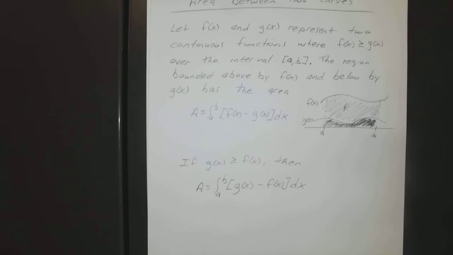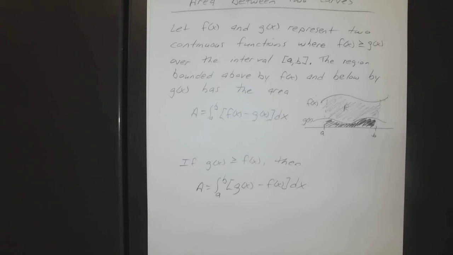So just because they give you f of x is this and g of x is that, it doesn't mean that f of x is always going to be the first one. It all depends on which one is larger. Whichever one's larger will be the first one.